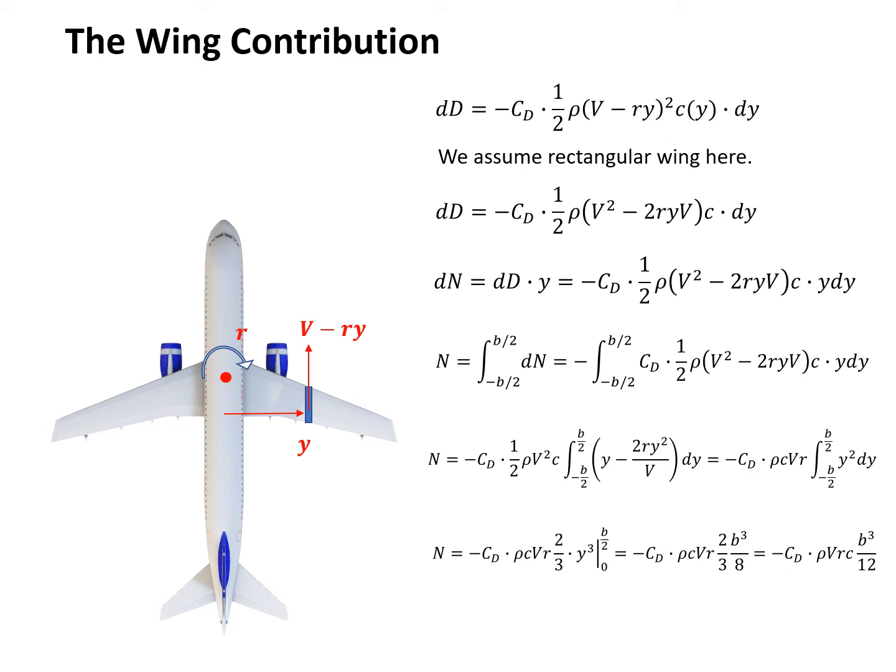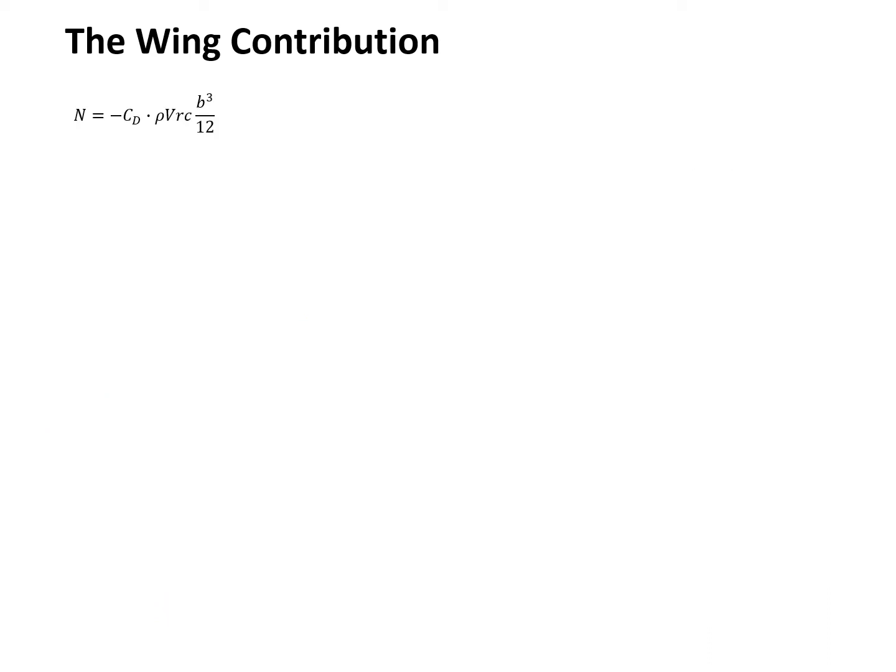So this is the wing contribution to N. We've derived it, but since we're looking at CNR, we still have some steps to go. That's N, I'm pasting it here, and then we do the derivation with respect to r, so the r is eliminated.